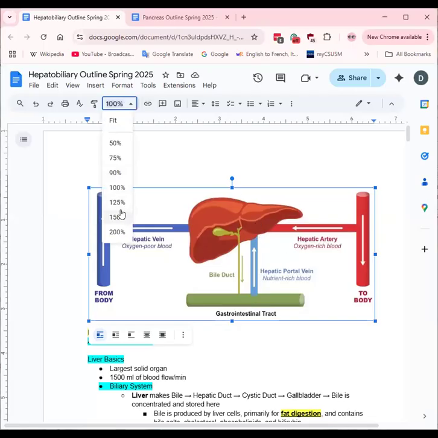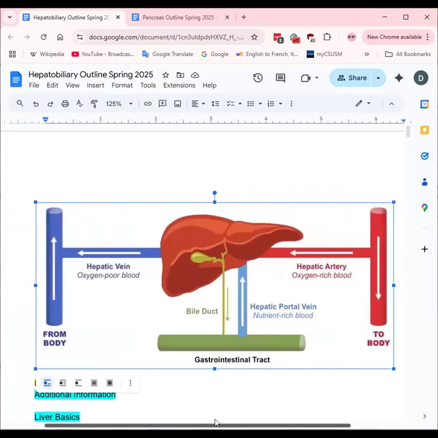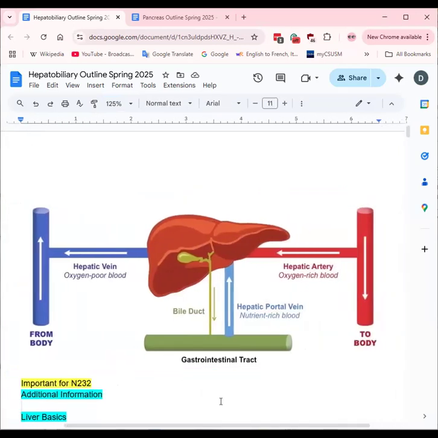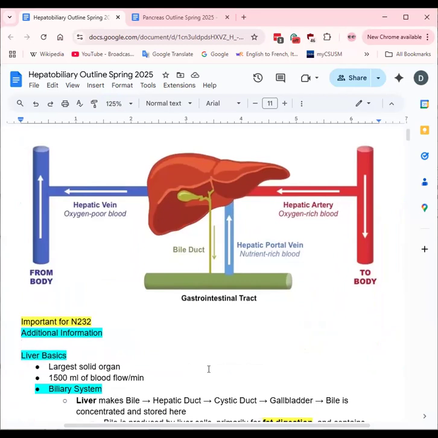Okay, so for liver, I provided here a picture that kind of shows the system more or less. You guys see here, you have your liver, and all the things that provide blood for it. So you have the artery that's providing it with oxygen-rich blood, as it's going from the heart all the way to the body and the liver.